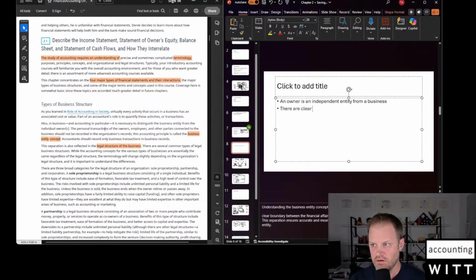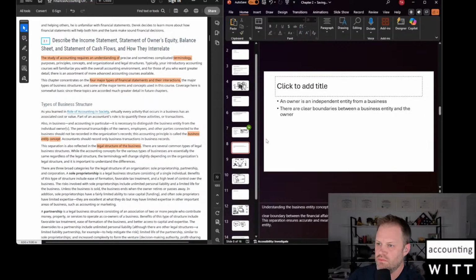There are clear boundaries between a business entity and the owner. So if an owner spends money on behalf of the business, did the business spend money?